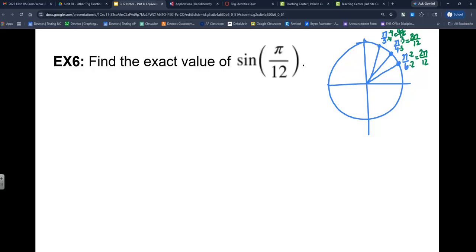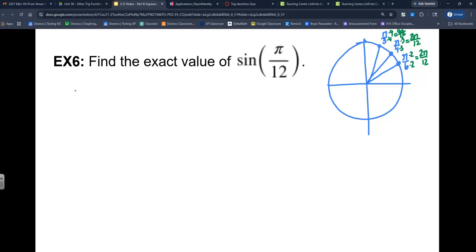What I'm looking for are numbers I can add or subtract that would give me pi over 12. I could really use any of these. I could use the stuff from the second, third, or fourth quadrant if I wanted, but let's stick with first quadrant if we can. So I could do 4 pi over 12 minus 3 pi over 12, or I could do 3 pi over 12 minus 2 pi over 12.